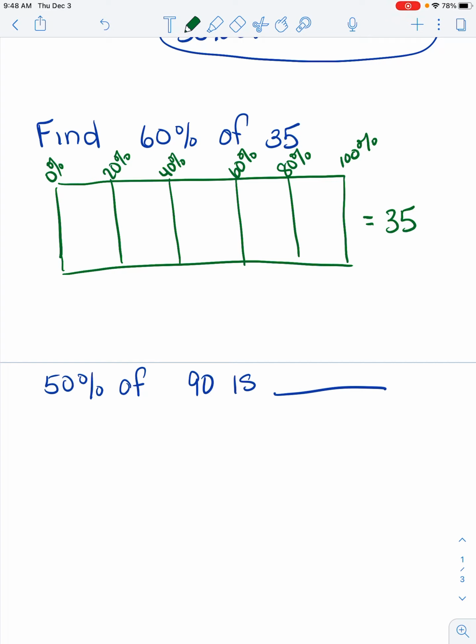I have to take 35 and divide it evenly among the 5 boxes. So 35 divided by 5 is equal to 7, and so each box gets a 7. And if you want to double check, 7, 14, 21, 28, 35.